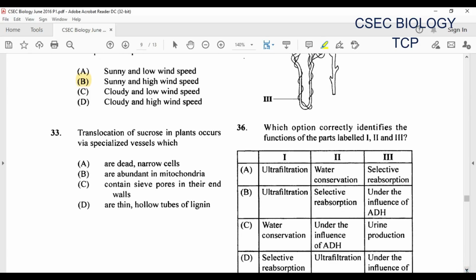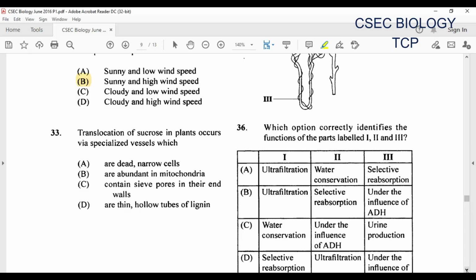Question 33. Translocation of sucrose in plants occurs via specialized vessels, which: A, are dead narrow cells. That sounds like the xylem to me, and that would have been transporting water and minerals up from the soil.